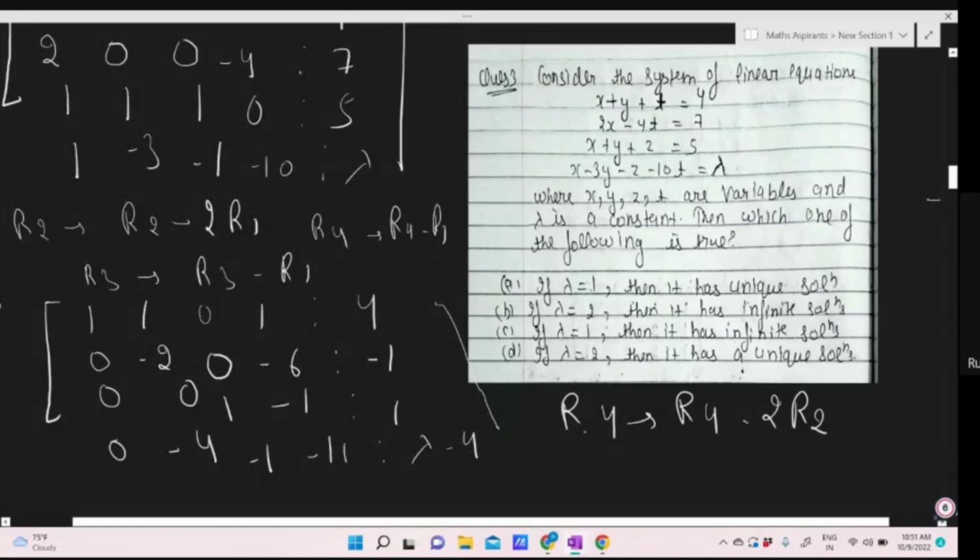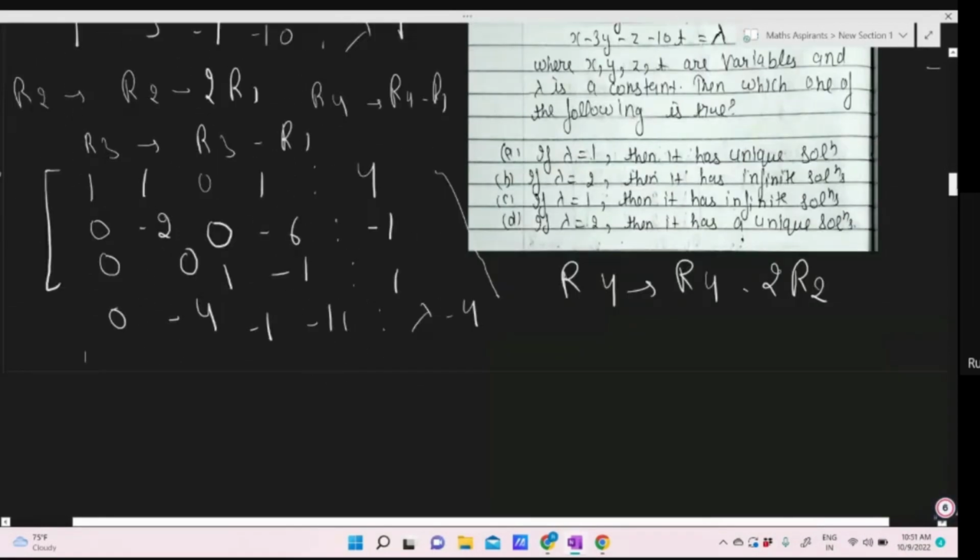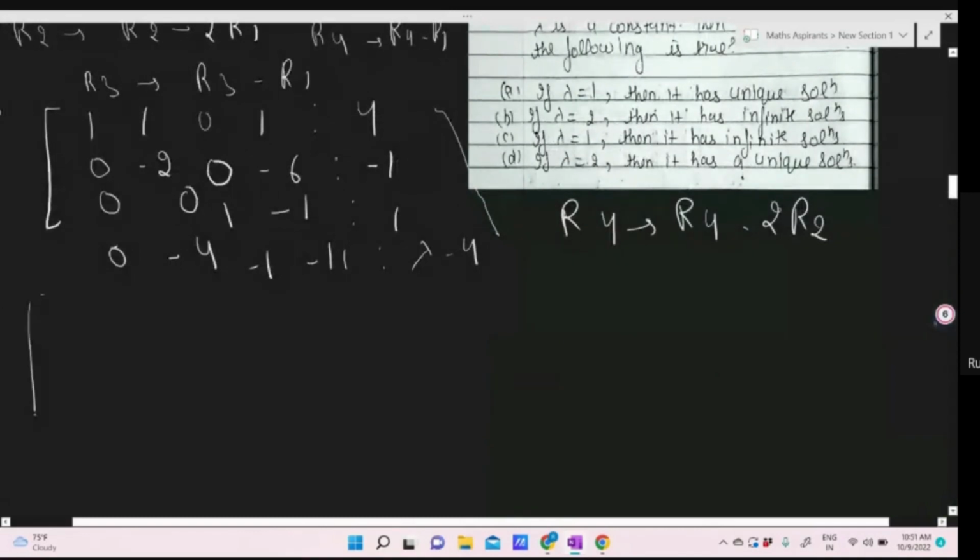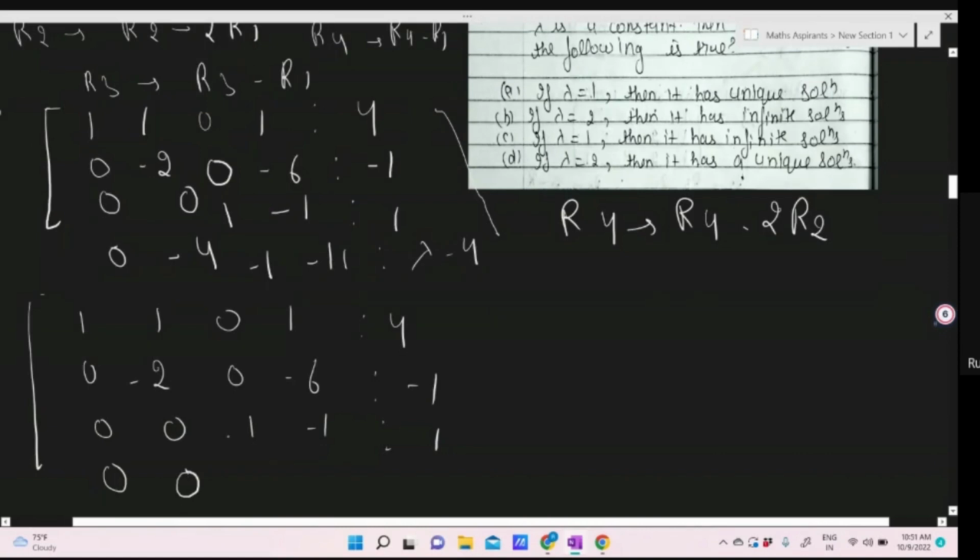Now this will reduce to 1, 1, 0, 1, 0, minus 2, 0, minus 6, 0, 0, 1, minus 1, 0. This element will become 0. This is minus 1, and this is 1, and lambda minus 2.